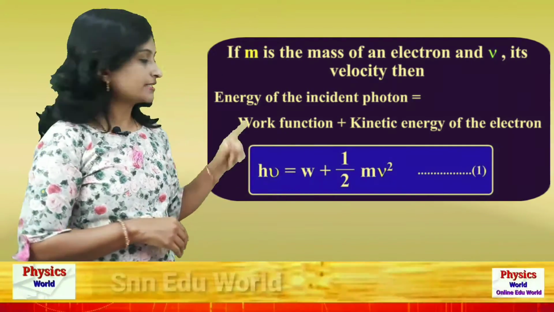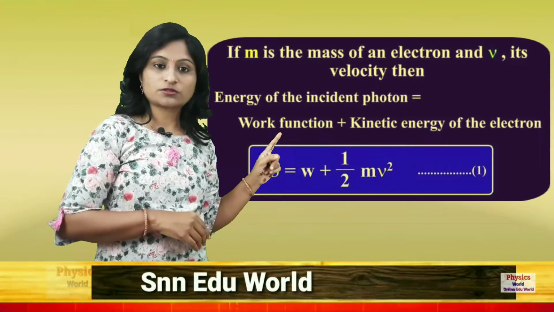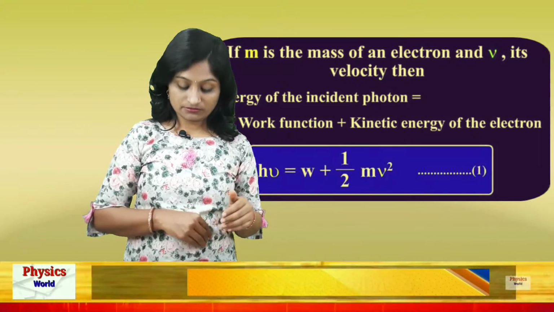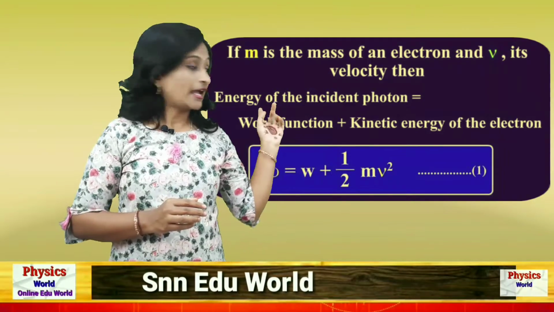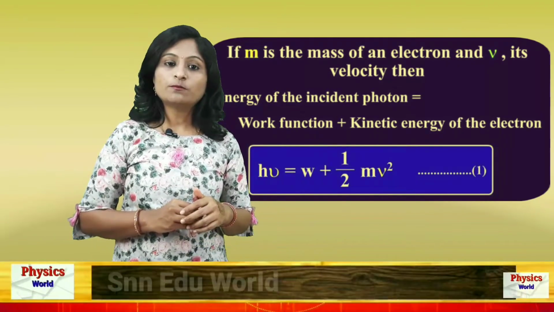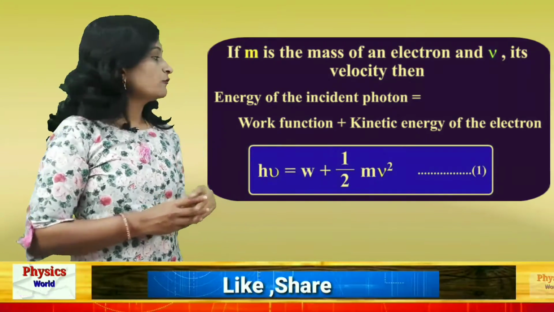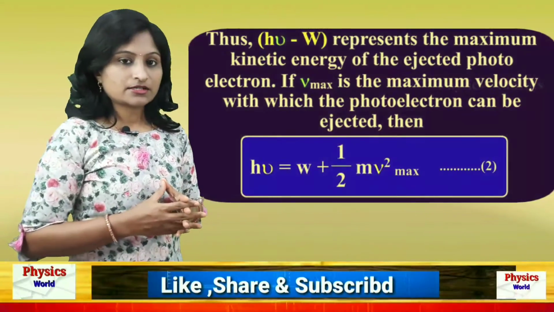This is represented as equation number 1: h nu equals W plus 1/2 mv square. Now we just simplify this equation and we will get the concept.